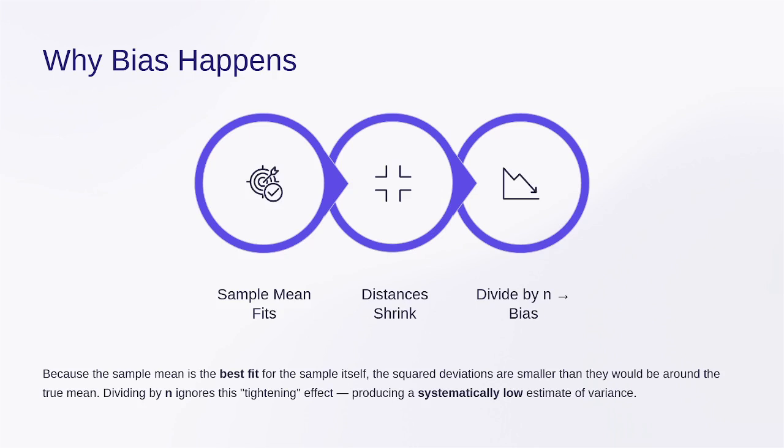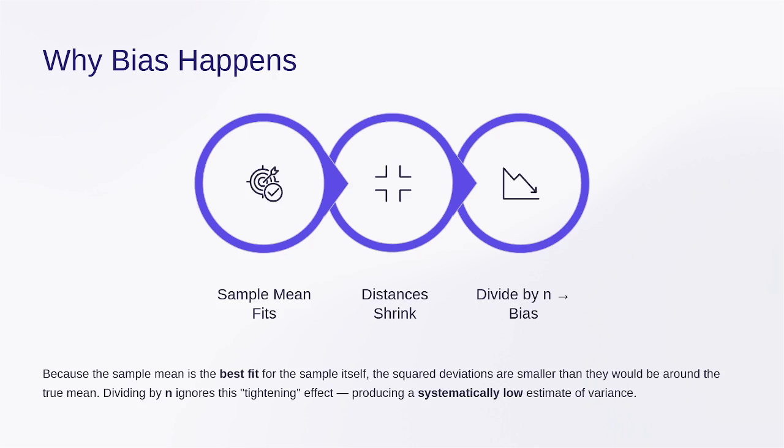So why does bias happen? Bias means your method keeps making the same mistake. Here the mistake is underestimating variance. Why? Because the sample mean is the best fit for that sample. It minimizes the distance. That sounds good, but it creates an illusion.